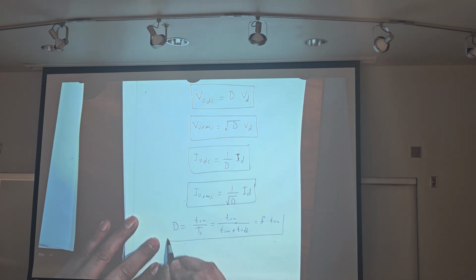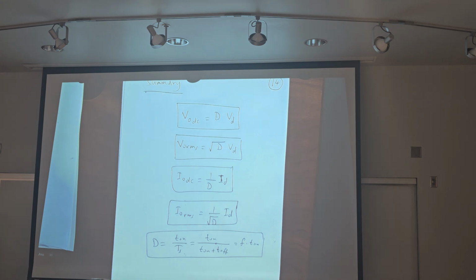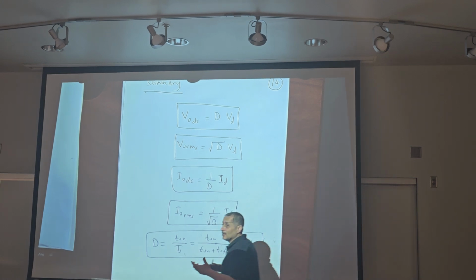So these equations are required, and we have a very important factor for the DC chopper: power out, power in, and efficiency.